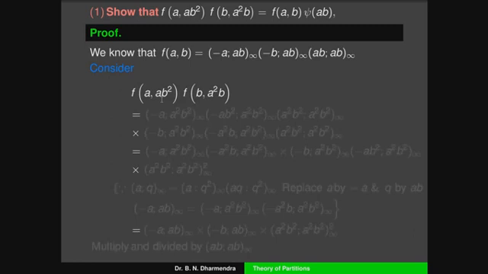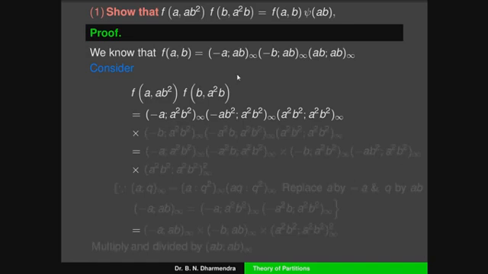The last result is (a^2 b^2; a^2 b^2)infinity. We observe minus a is the first term, and the base is a^2 b^2.